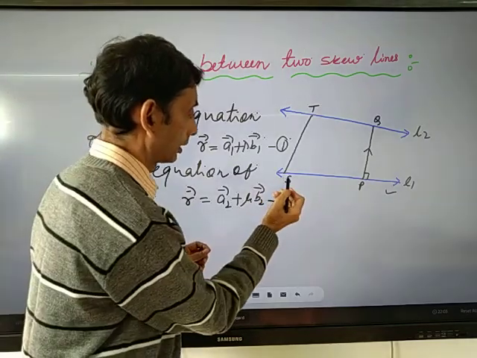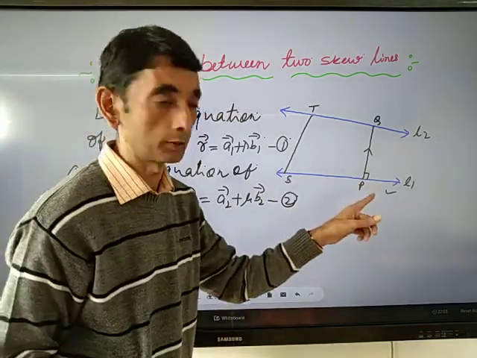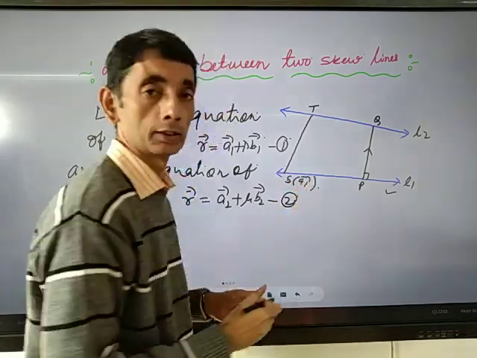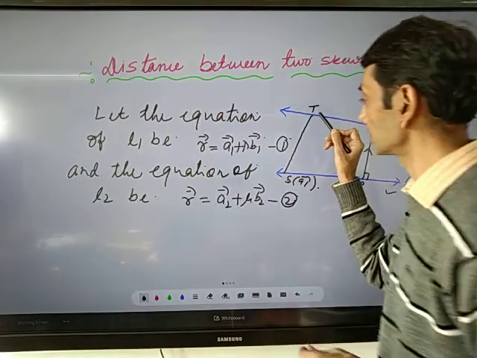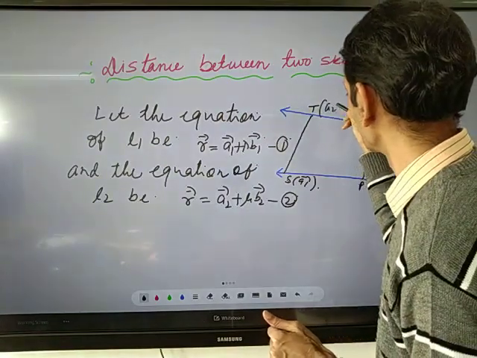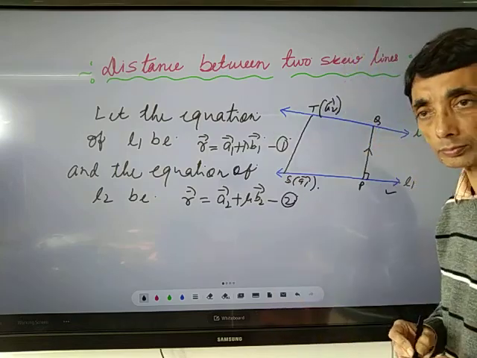Now here S is a point on line L1 with position vector A1, and T is a fixed point on the line L2 with position vector A2.